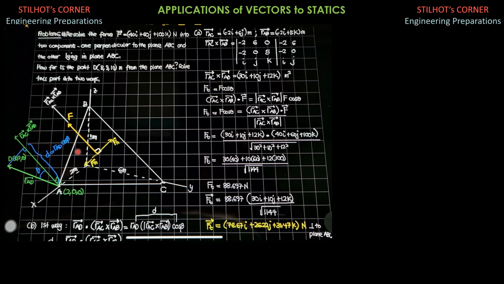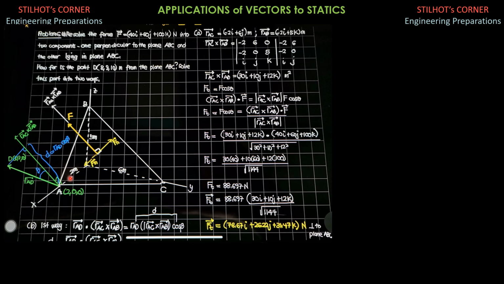So first, I have to define RAC, so it should be RAC cross F, so that your right thumb will be positioned in the same direction as F. Take note that F has positive components, so this should be the direction of F because it is positive.